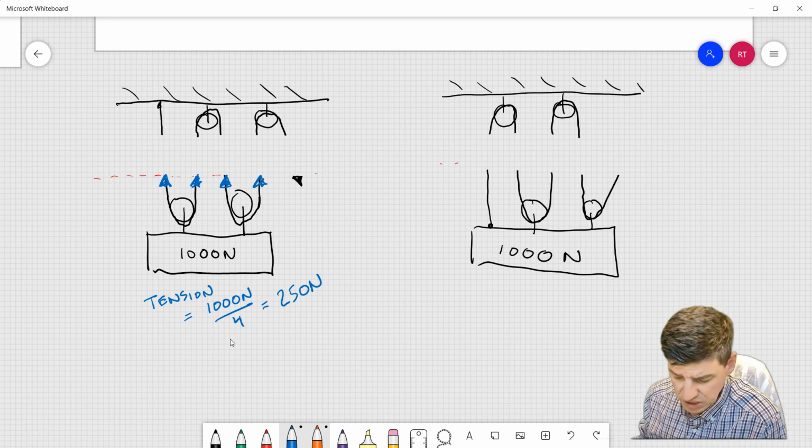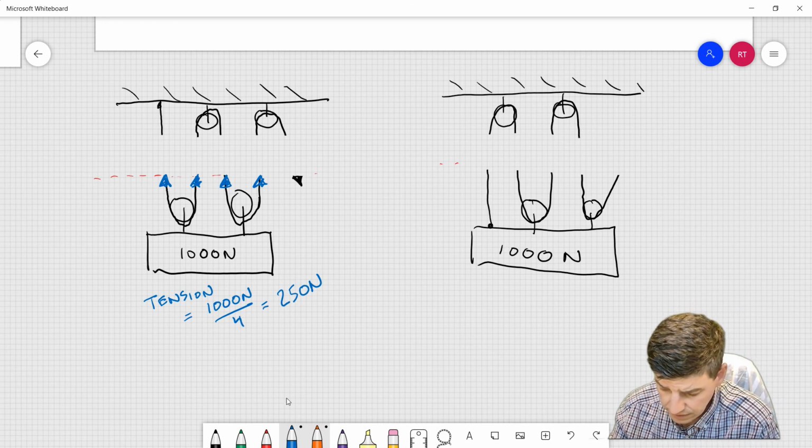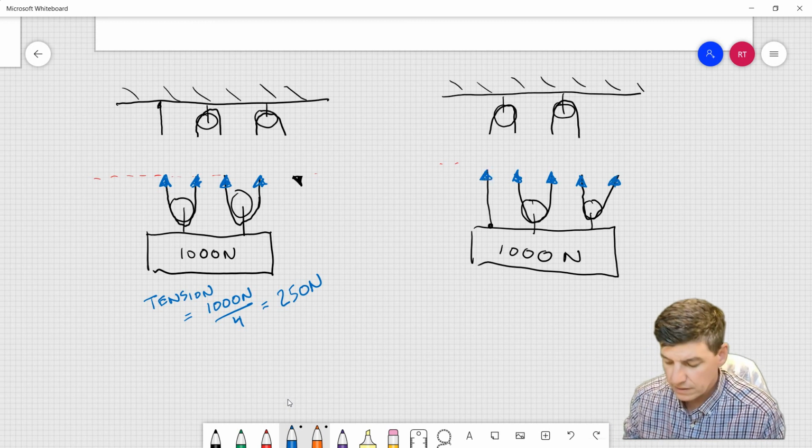Okay. I have a slightly different arrangement over on this other side. So where I cut it, now I have the 4 ropes that are at the pulley, but I've also gained another line.